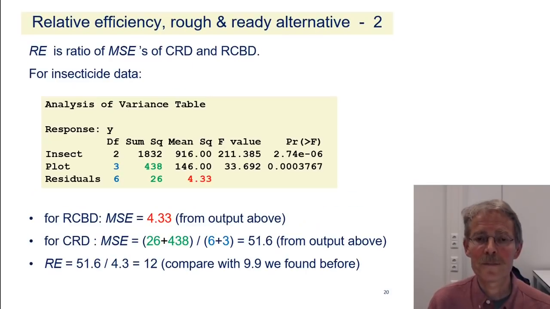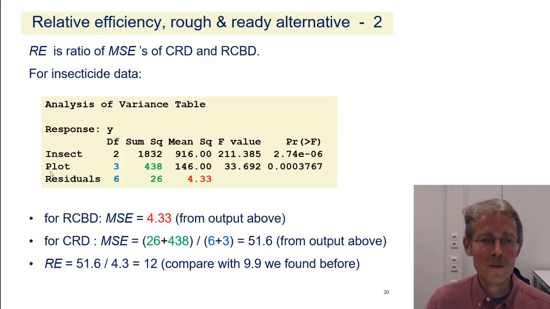If you do it here with the insecticide example again, well, we need the mean square error with blocking. That's the 4.33 here. We also need the mean square error without blocking. If you were behind the buttons with R, you could fit the model again without the plots and again read the mean square error. But actually you don't need to do so.